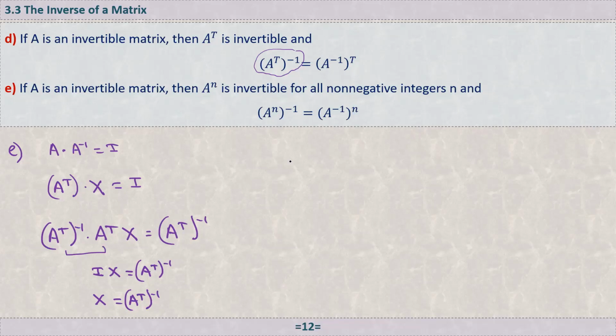So we have to show that this is actually equal to that. If I can show that A transpose inverse times X, and here we have A transpose, that's equal to I. Why am I confused here?